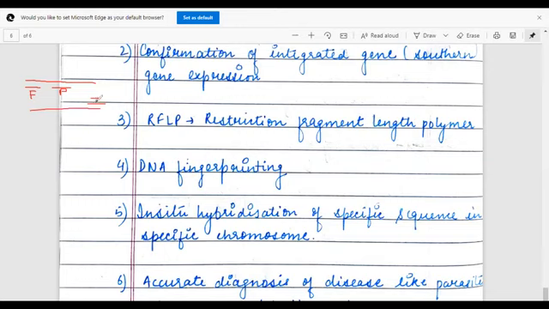In that, a fluorophore is attached to the probe, and the quencher is attached to it like that. The number of genes can be predicted with this through real-time PCR. So this was all about this.